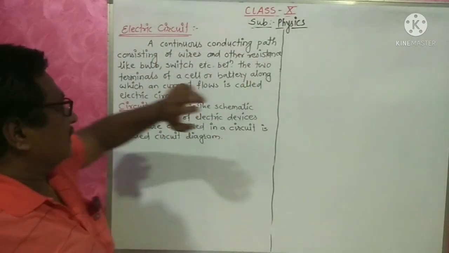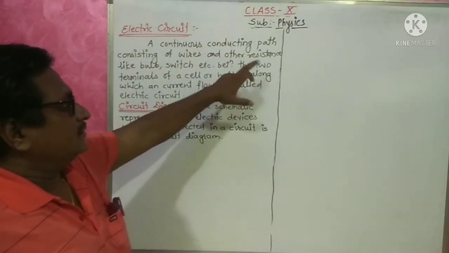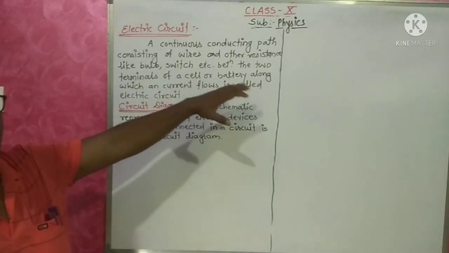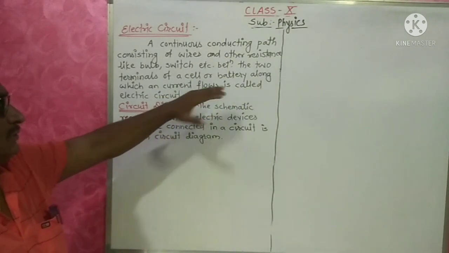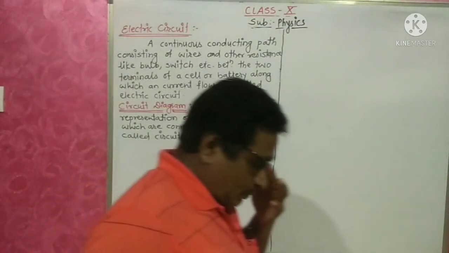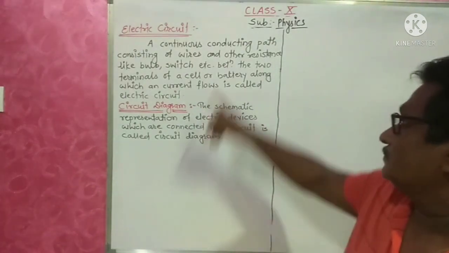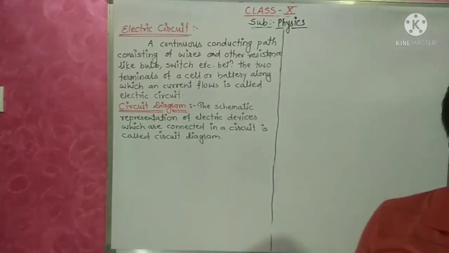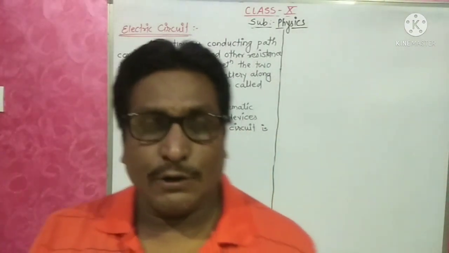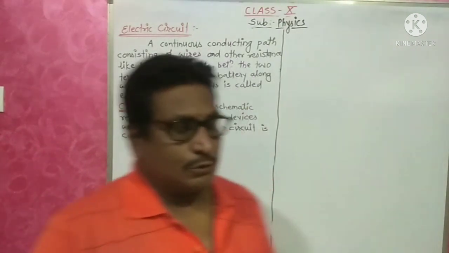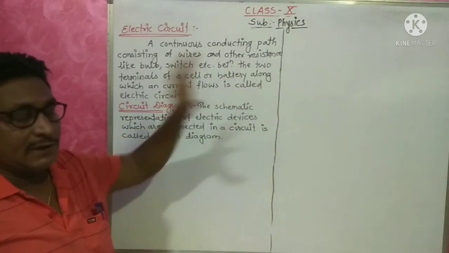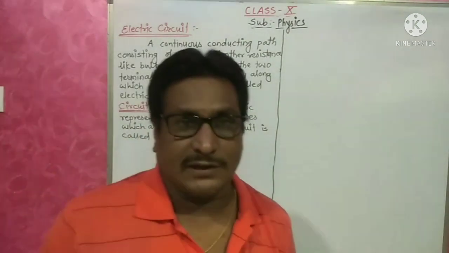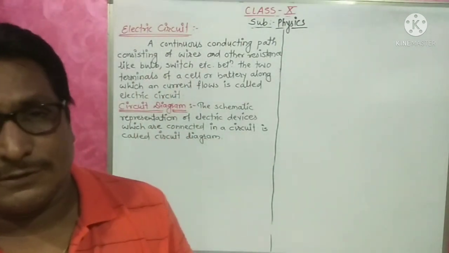A continuous conducting path consisting of wire and other resistances like bulb, switch, rheostat, capacitor, connected between the two terminals of a cell or battery, along which current flows, is called an electric circuit.